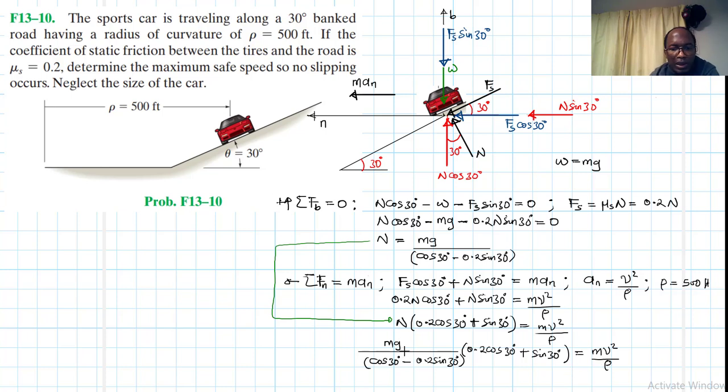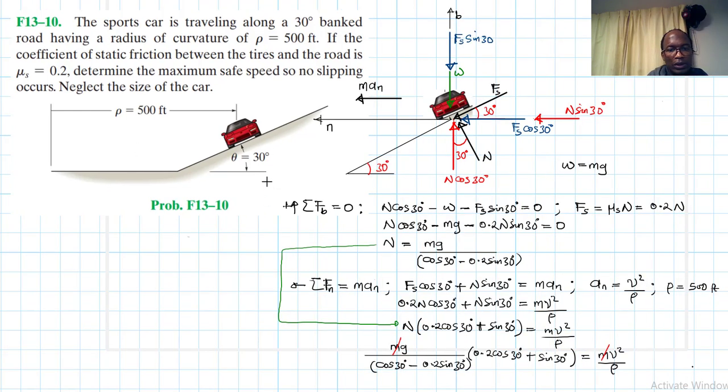We can cancel out the m there and there. So let's write this equation in terms of v squared.